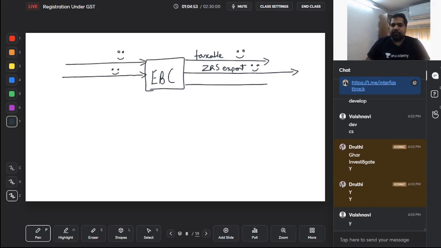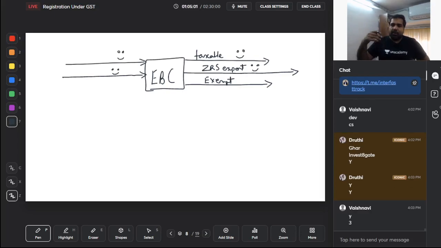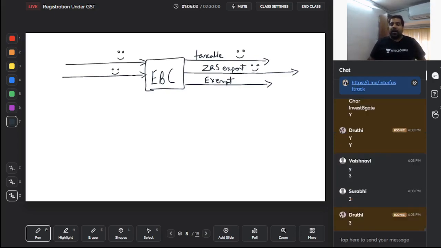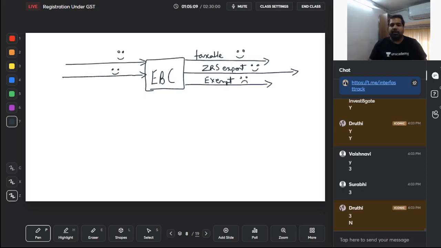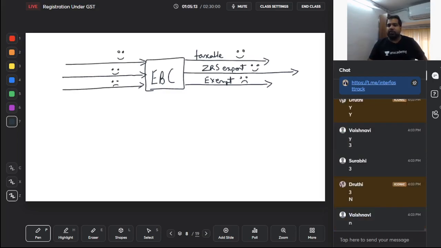And lastly, I'm making some exempt supply. Exempt, you know, has how many N's, guys? It has 3 N's. Whether it is nil, non-taxable or notification, I am making exempt supply. Will the government be happy with this? No, the government will not be happy with this. So will I get credit for this? No, I will not get credit for this.